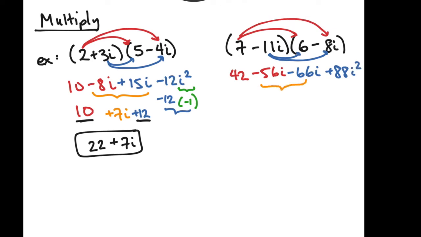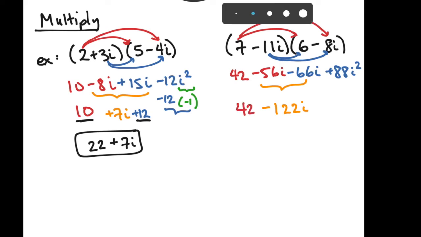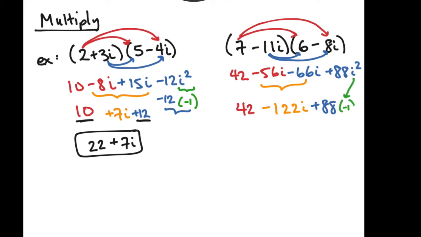Again, combine these two. That will be negative 122i. 42, I'm going to bring down. And remember, i squared is negative 1.